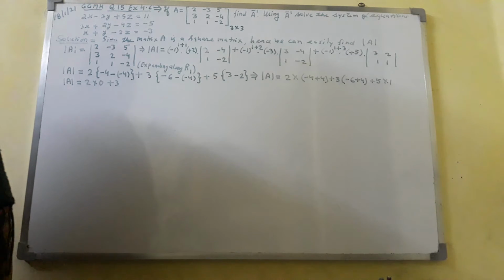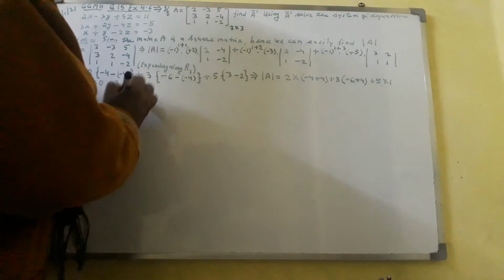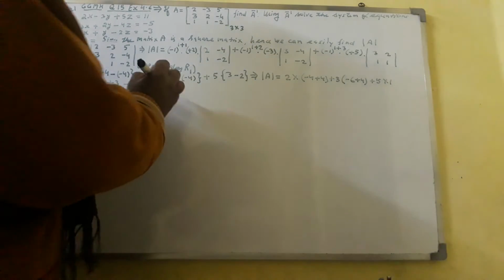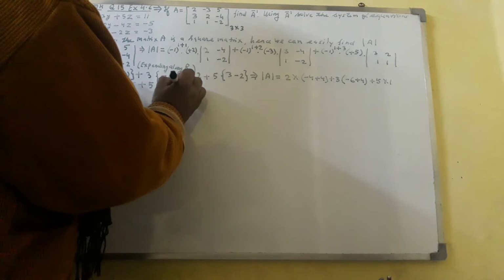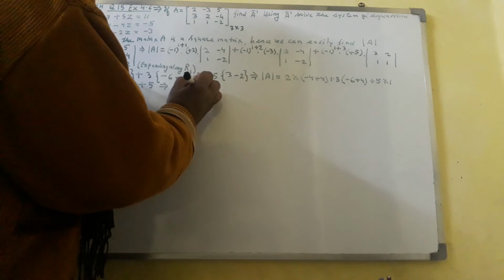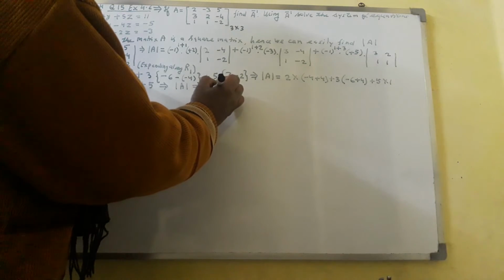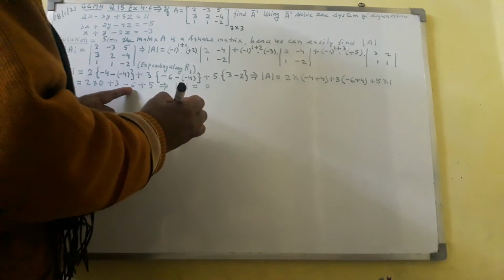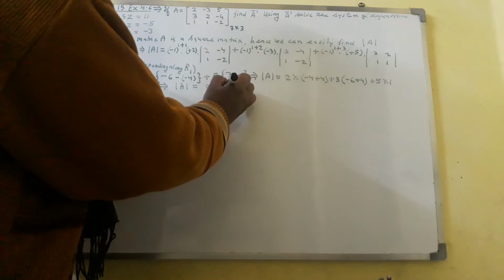Minus 2 will multiply to 3 comes out minus 6. So here I write minus 6 plus 5. Imply that determinant of matrix A comes out to, this will become 0. Here you will get plus 3 minus 6 comes out to minus 3 plus 5.